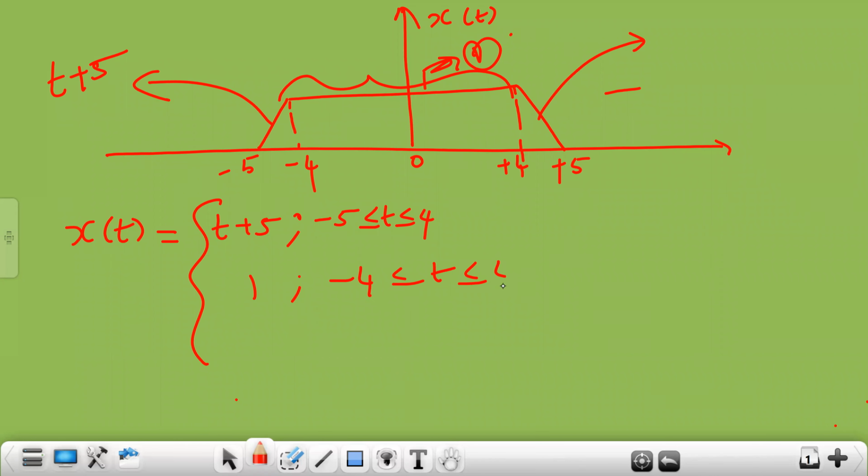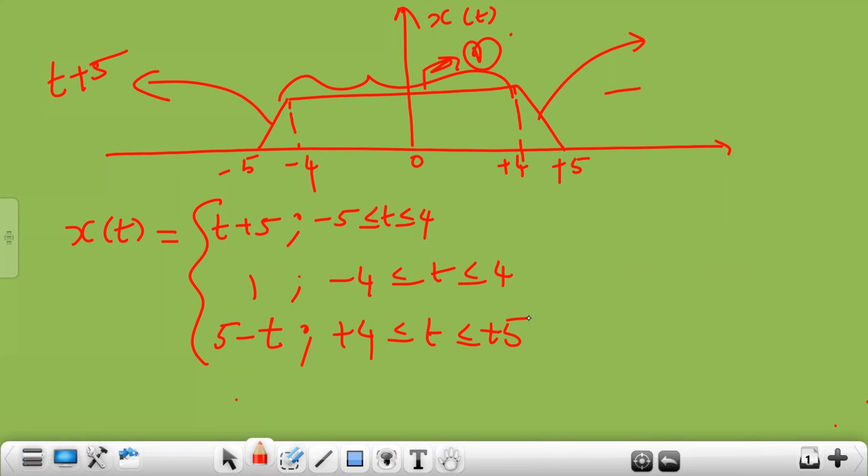And what was the third graph's equation? It is 5 minus t, right? 5 minus t for plus 4 less than or equal to t less than or equal to plus 5. Is this okay?